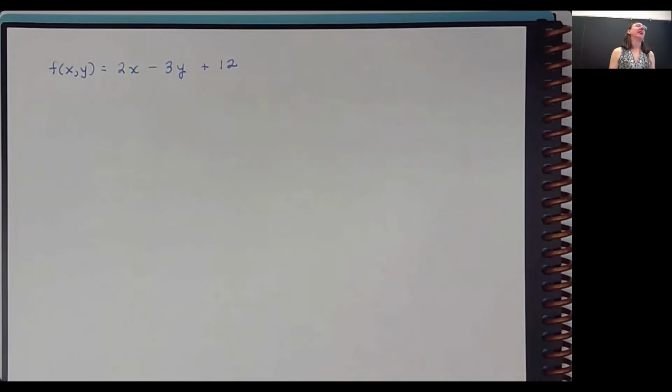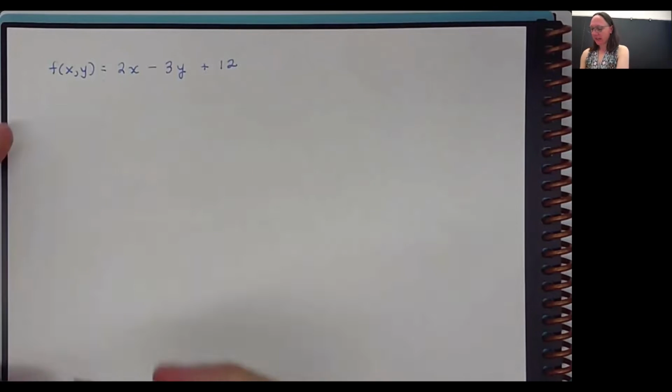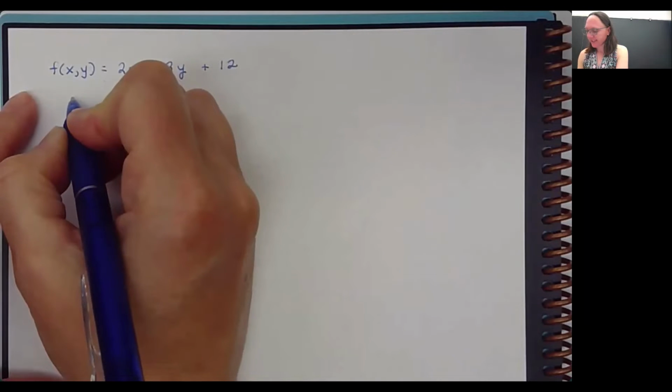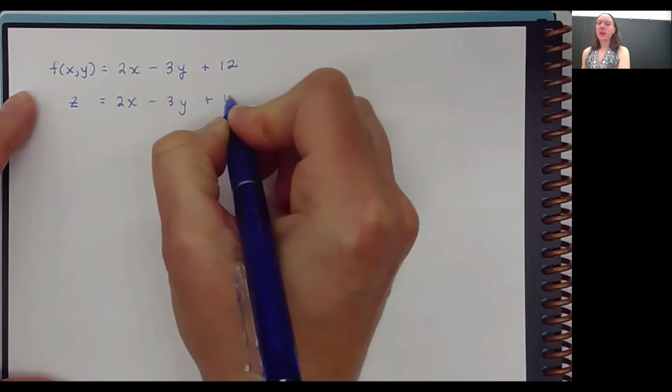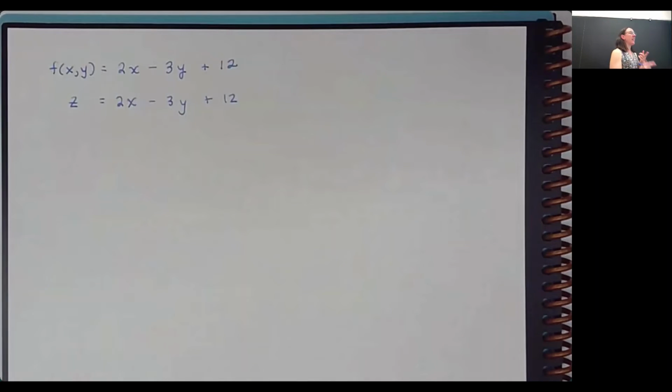Just like in a 2-dimensional problem where I said f of x is equal to something, we can replace the f of x with a y, so I can replace f of x and y with a z. Thinking about domain here, I don't have square roots, fractions, or logs. There are no problems with domain.